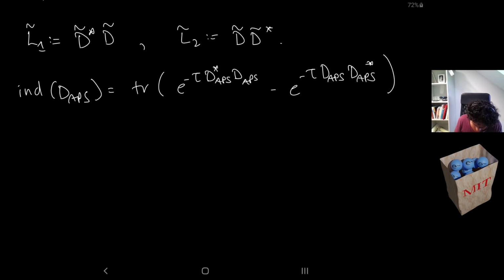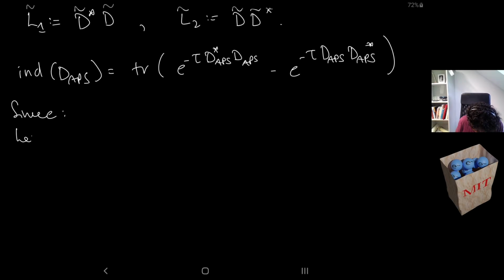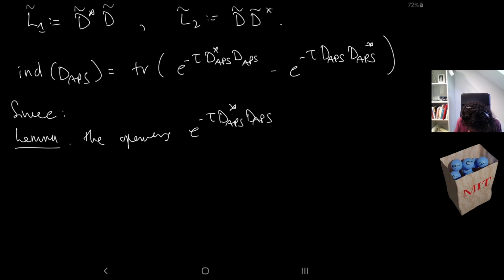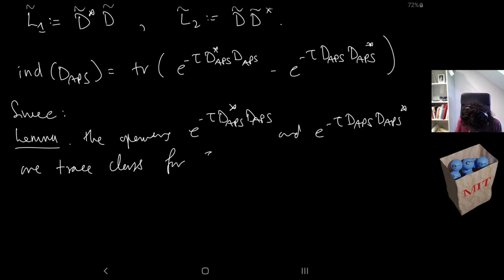We're not going to prove it, but it is so: the operators e to the minus tau D APS star D APS and e to the minus tau D APS D APS star are trace class for tau positive. This is coming out of the earlier analysis. We're not going to prove that, but that's true.